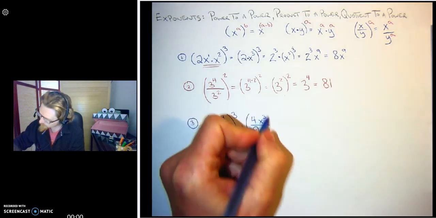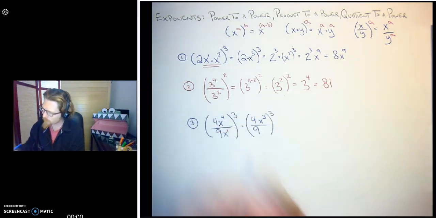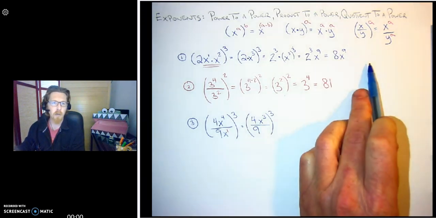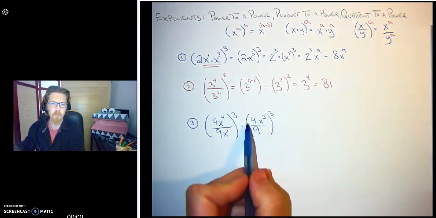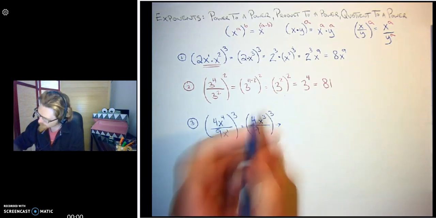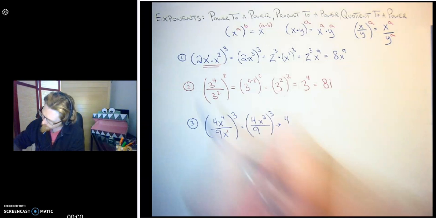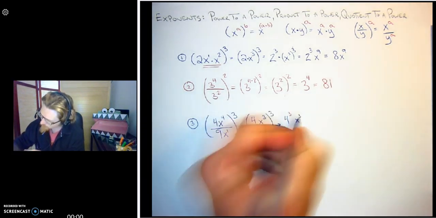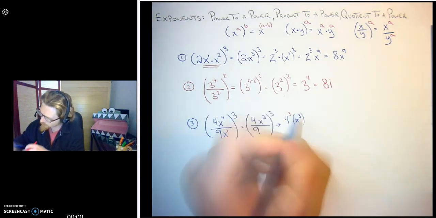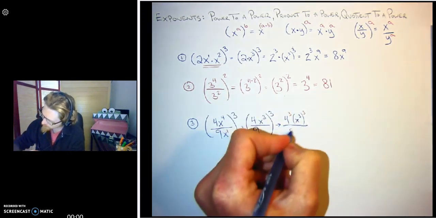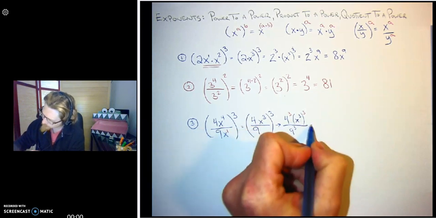Now this is still all getting raised to the third power. So we're going to apply the quotient to a power rule. That means that everything in here is going to get raised to the third power. So 4 is going to be raised to the third power. X to the third is going to be raised to the third power. And the 9 is going to be raised to the third power.